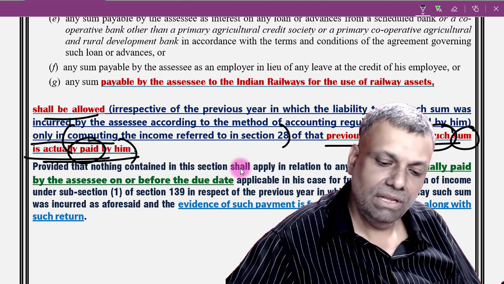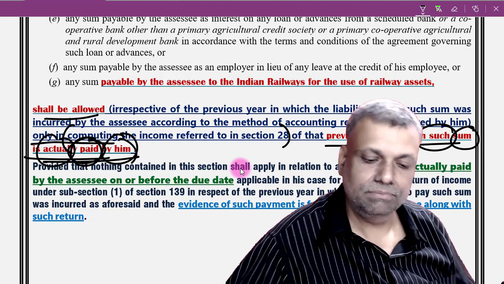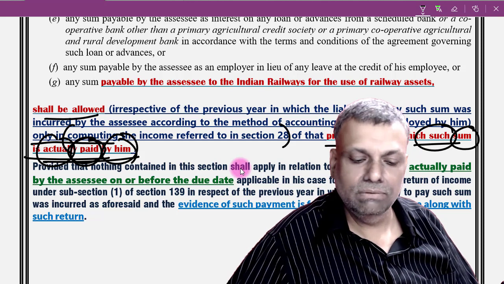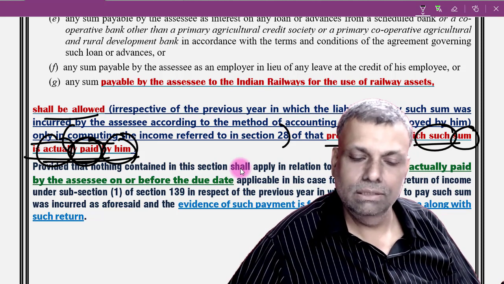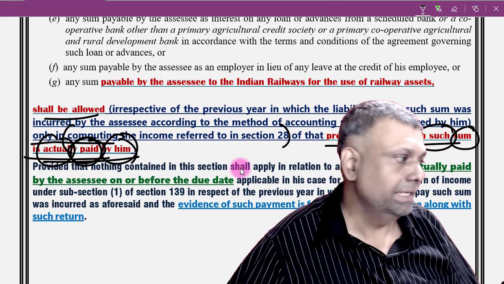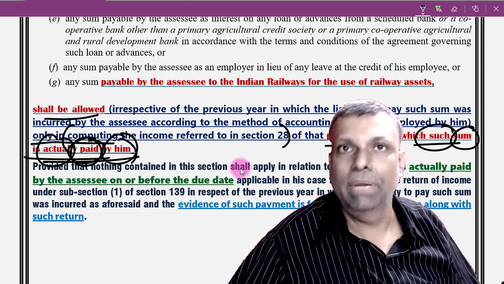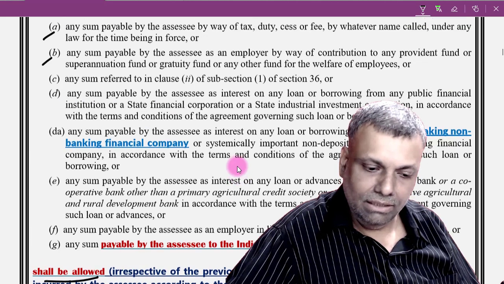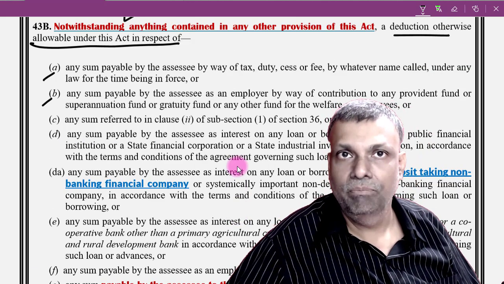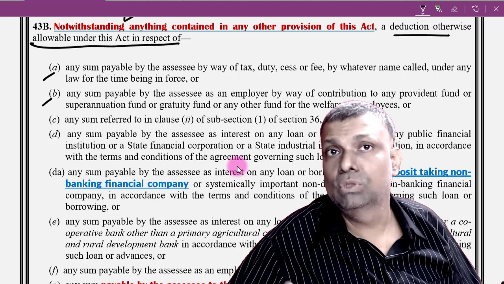It should have been actually paid. That is one of the very basic and very important points of this particular clause. It should have been actually paid. All these items of the expenditure should be kept in mind.